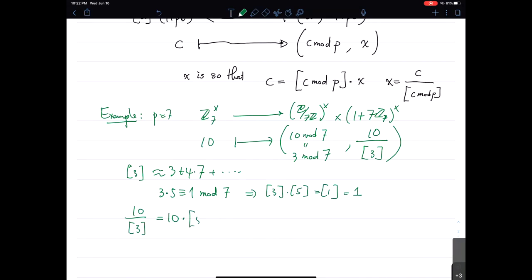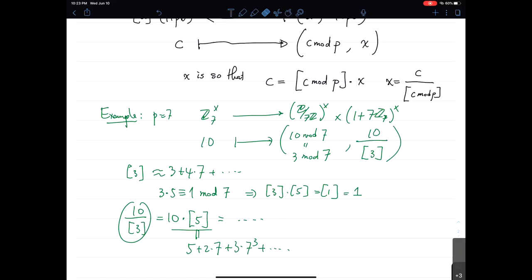Therefore, 10 divided by the Teichmüller of 3 is 10 times the Teichmüller of 5. I have to recall what the Teichmüller of 5 was. It was 5 plus 2 times 7 plus 3 times 7 cubed and so on. Then you just multiply them together, 10 times that, and that's your answer here.